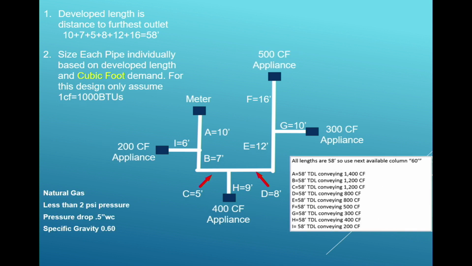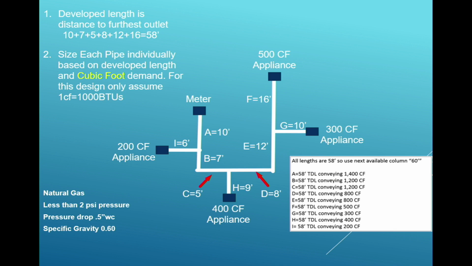And you'll say, okay, pipe C right there is carrying those last three fixtures, 400, 300, 500, that's 1,200. The developed length, right? 10 plus 7 plus 5 plus 8 plus 12 plus 16, that's 58 feet. So now 1,200 at 58 feet, right? They'll ask you one piece of pipe at a time, okay? So you don't need to size the whole design, just wait for them to ask you.